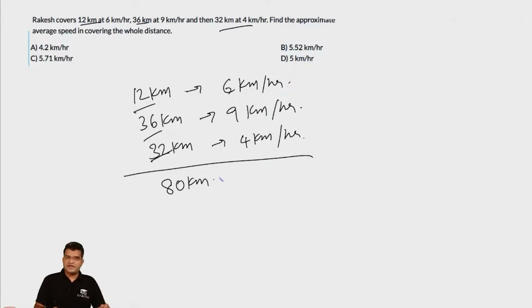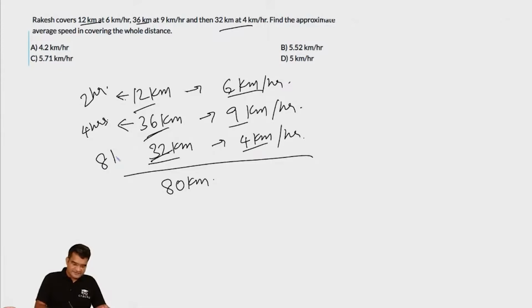And how much time did he take to cover this 80 kilometers? The first 12 kilometers he covered at 6 kilometers per hour. So he covered it in 2 hours. The next 36 kilometers he covered at 9 kilometers per hour. So he covered it in 4 hours. And the last 32 kilometers he covered at 4 kilometers per hour. So he covered it in 8 hours.